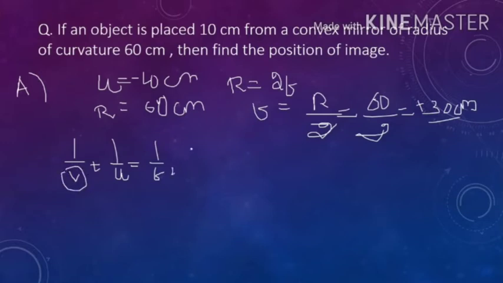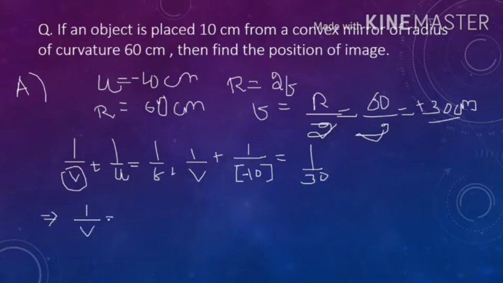So 1 by v plus 1 by u, where u is minus 10, equals 1 by 30 centimeters, as it is the focal length. So 1 by v equals 1 by 30 centimeters minus 1 by minus 10 centimeters.